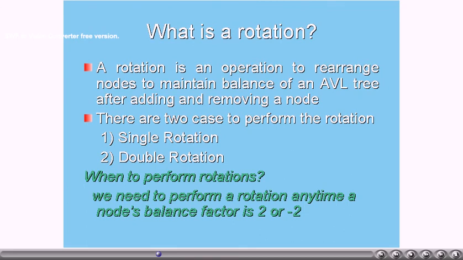Whenever we insert or delete a node from an AVL tree, there is a danger of losing the AVL property. At that junction, we apply some operations known as rotations or shifting operations, so as to maintain the balance property of the AVL tree.